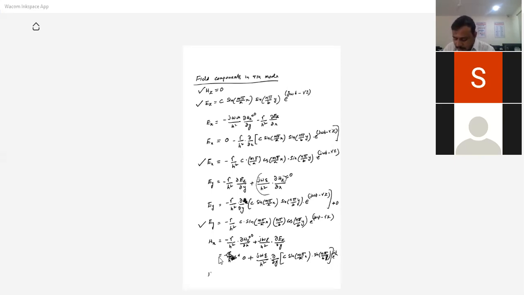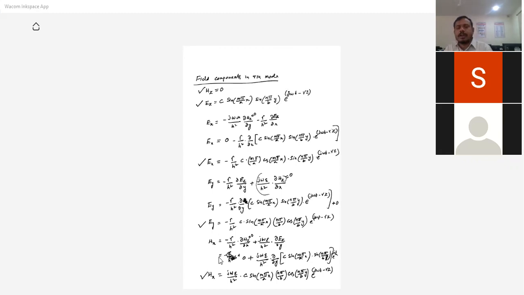Now our Hx is equal to j omega epsilon by h square, the partial derivative of y: c into sine of m pi by a into x, into n pi by b into cos of n pi by b into y, e power j omega t minus gamma z.